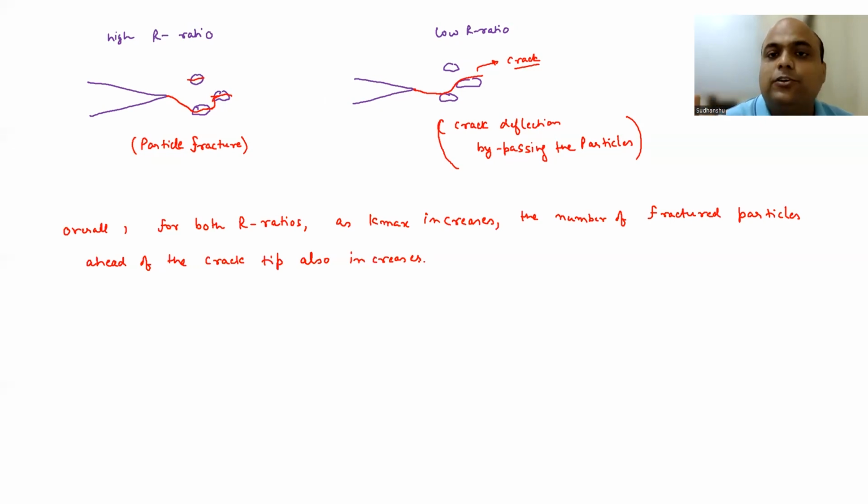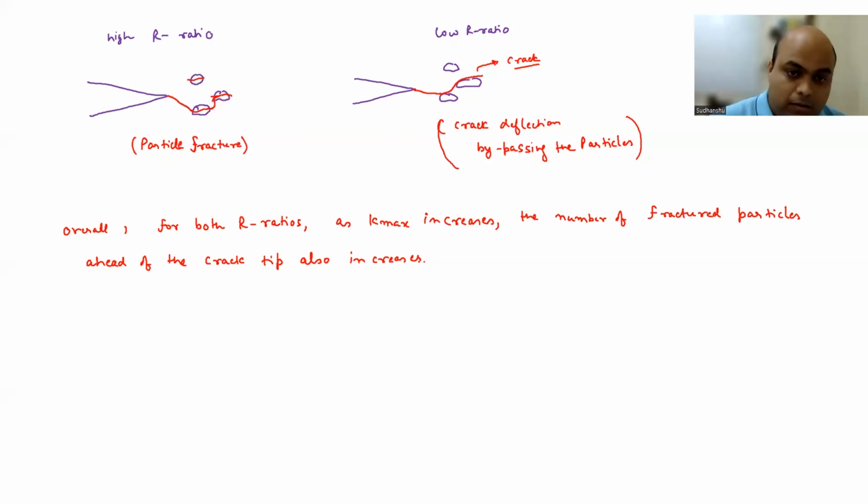So at low R ratio, your Kmax is low, so you are not going to observe particle fracture. But with increase in the crack length, you are going to increase the Kmax and you are going to observe particle fracture also in low R ratio. In high R ratio, whether it is small length or larger length, you are predominantly going to observe particle fracture ahead of the crack tip. And then the crack is going to propagate through those fractured particles because of spending less energy.